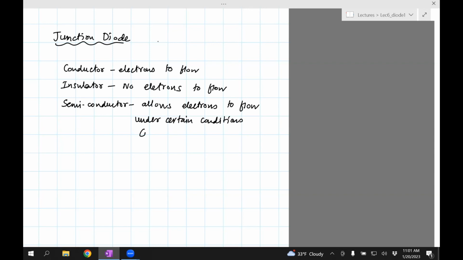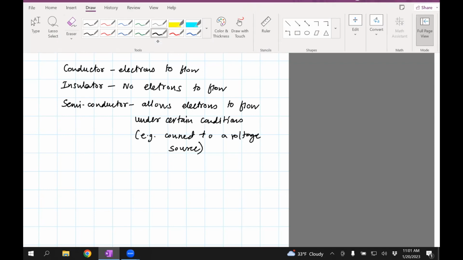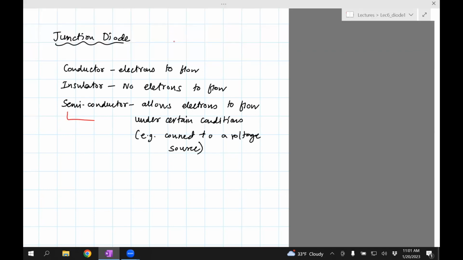Okay, an example would be when you pass electricity or you connect them to a voltage source, they might start conducting. So here we will be talking about junction diodes, which are a type of semiconductor.